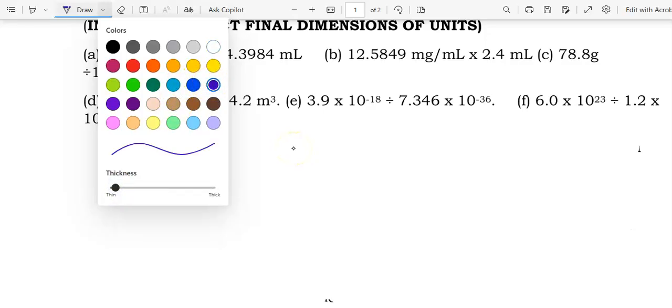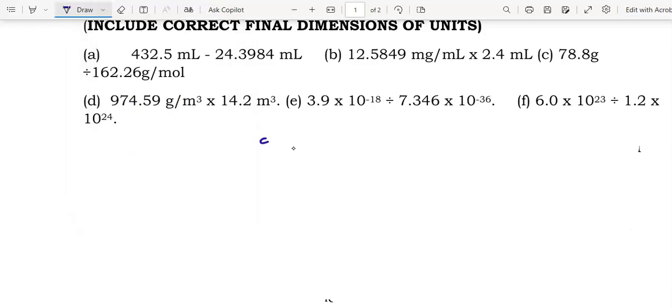Question C is 78.8 grams, then we are dividing by 162.26 grams per mole. All right.